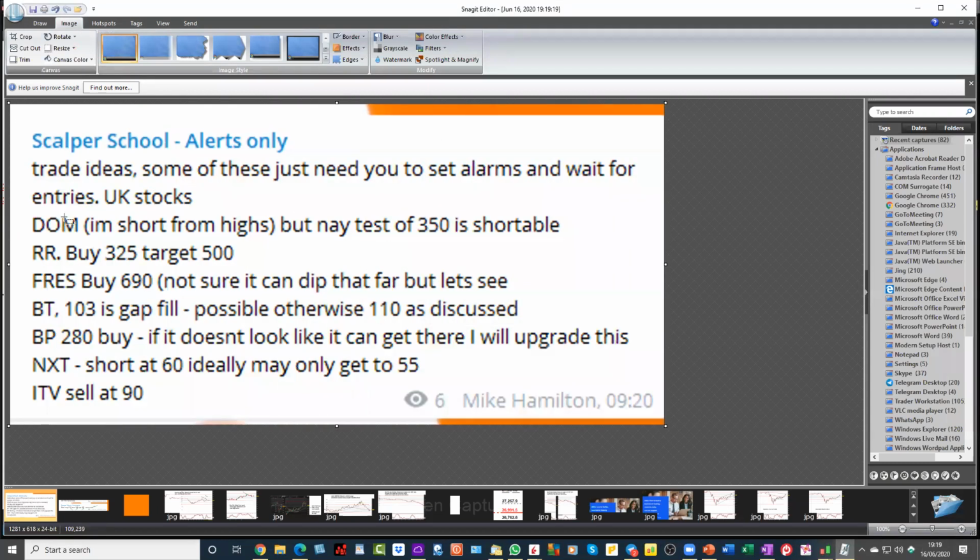I've been short Domino's Pizza since the highs. Looking to buy Rolls Royce. Been trading BT, but looking for some further downside on that before the next upside. I have a bear raiding strategy. I love bear raiding stocks. I've been bear raiding bricks and mortar retailers for at least 4 or 5 years, so I'm looking to short next at some stage.